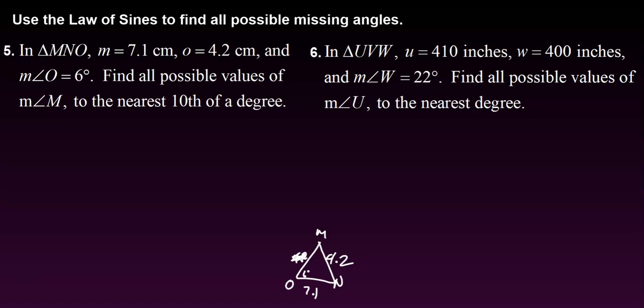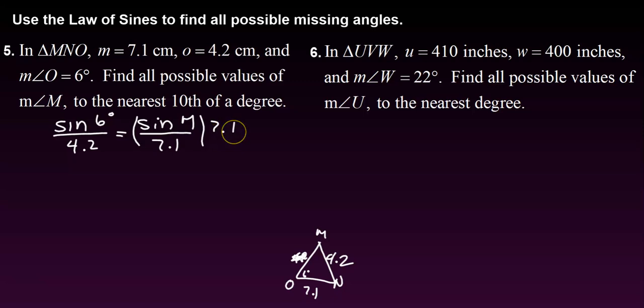All right, so we're going to do sine of angle O, which is 6 degrees, over 4.2 equals sine of our missing angle, which is M, over 7.1. Just like we did for the last one, we're going to multiply by what's in the denominator, so we multiply both sides by 7.1.